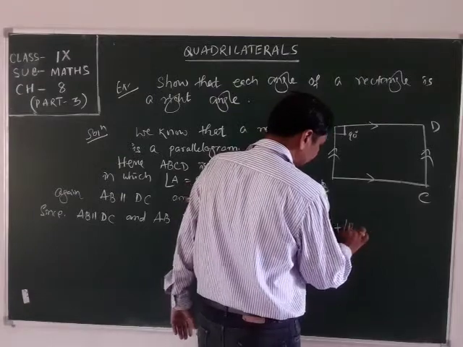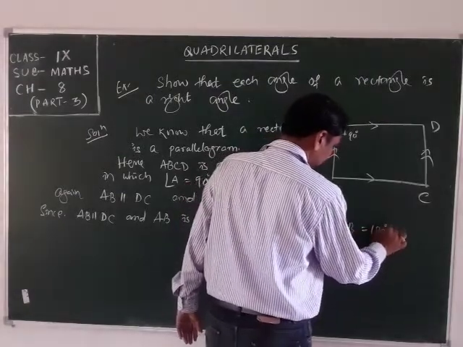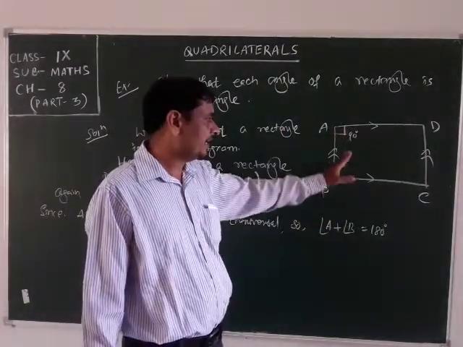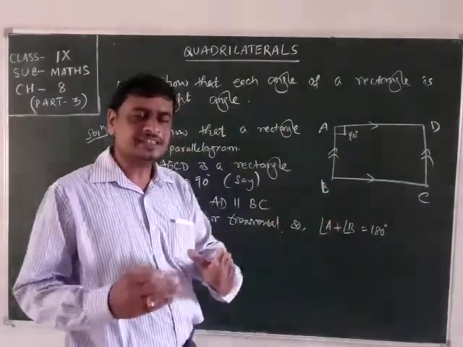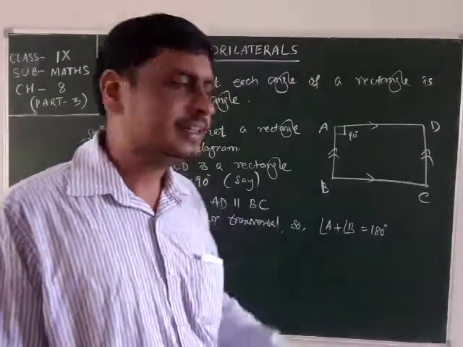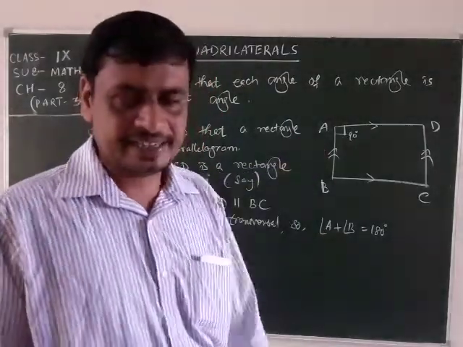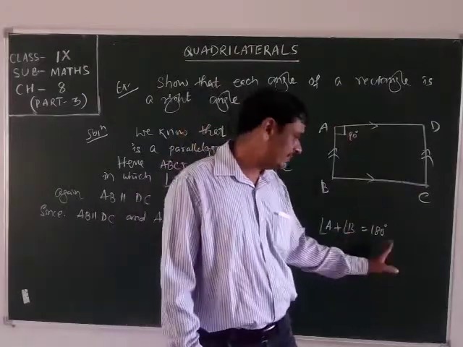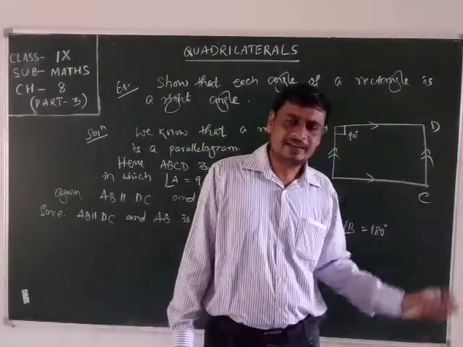Angle A plus angle B is equal to 180 degrees. That is called the interior angles of parallel lines, or allied angles. The sum of allied angles becomes 180 degrees in the case of parallel lines.